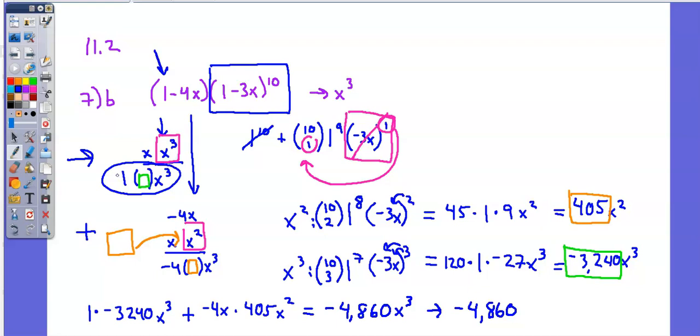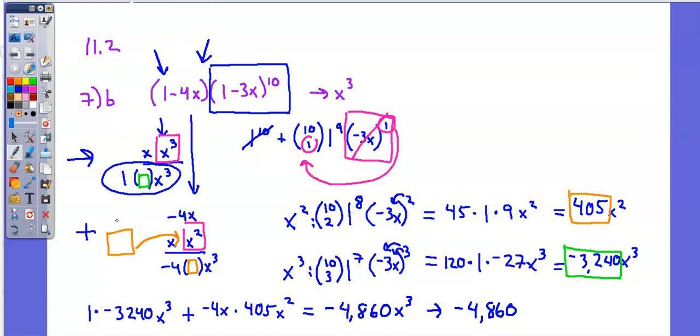And on the right side of the screen, I found what x cubed is when I expand my binomial. That was negative 3,240 x cubed. There's going to be another result that produces x cubed, which is negative 4x times something x squared.